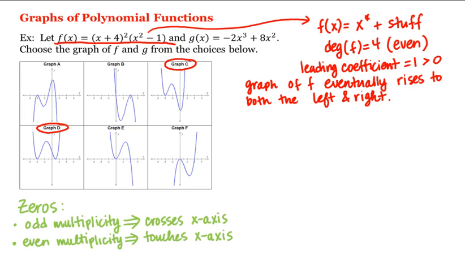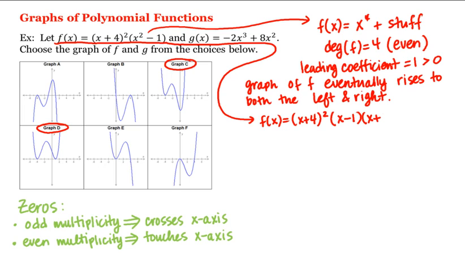So looking at f here, and factoring completely, this is the difference of 2 squares, so it's x minus 1 times x plus 1. We see that f of x is equal to 0 when this is 0, this is 0, or this is 0, which means that the zeros of f are negative 4 with multiplicity 2.